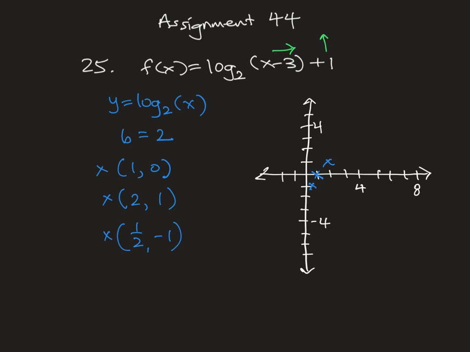Instead of having a vertical asymptote at the y-axis, we're going to go right 3 units. And we're going to have a new vertical asymptote here at x equals positive 3.